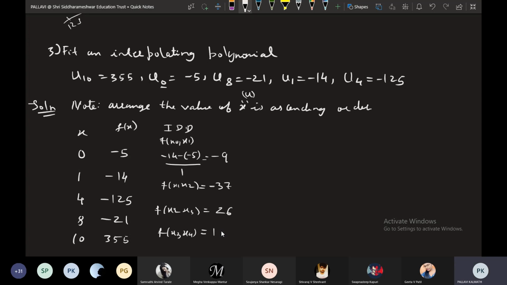Anybody? I mean, the difference. What is the last difference in the first divided difference column? Is it 188? Did you get 188? Yeah. I'll just complete the table. Polynomial you can tell me tomorrow. Okay.